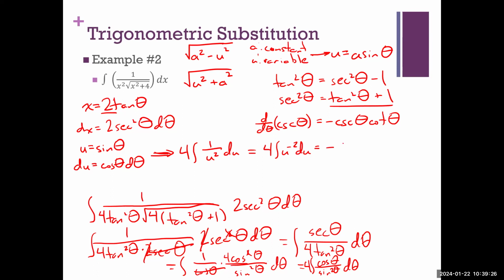Negative 4 u to the -1 plus c. So now we've got 2 layers of substitution here, right? What was u? So -4 over sine of theta plus c. Or if you'd rather, -4 cosecant theta plus c.